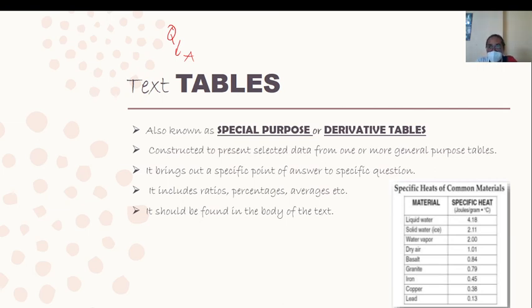Ito lang yung tatandaan kapag text table, meron siya dalawang columns and meron siyang specific answer and specific question. And it should be found in the body of the text.